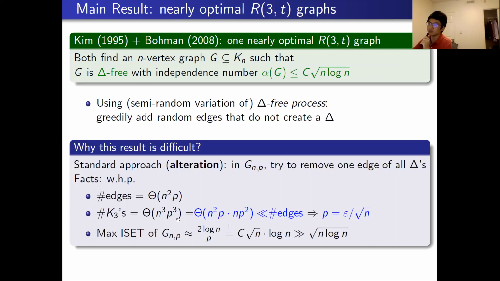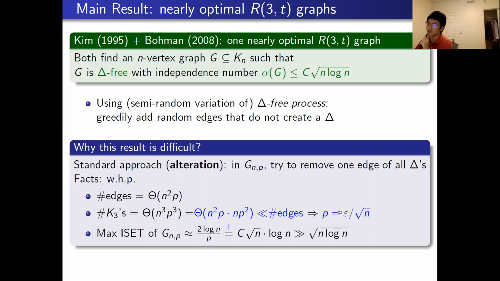Because we try to remove one edge from each triangle to make the graph triangle free, we want the number of triangles to be less than the number of edges. Otherwise, you may cause a large independent set. If we want the number of triangles to be at most the number of edges, it implies that p should be at most on the order of 1 over square root of n.